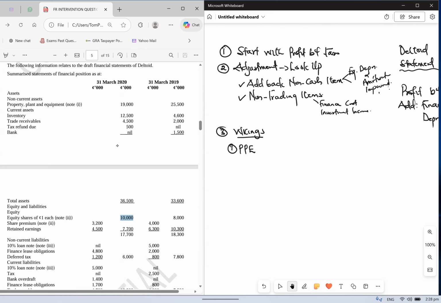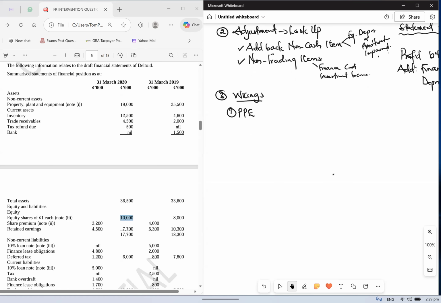So I group them into 4 major workings that you have to do, sometimes 5, depending on the nature of it. One is your PPE. You will start with your PPE balance brought down, which comes from last year. That will be 2.5. That is why you'll be needing the old figures.